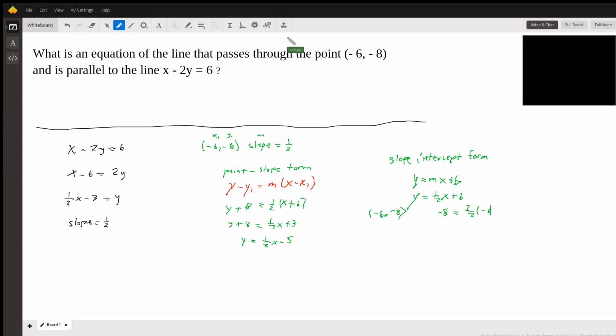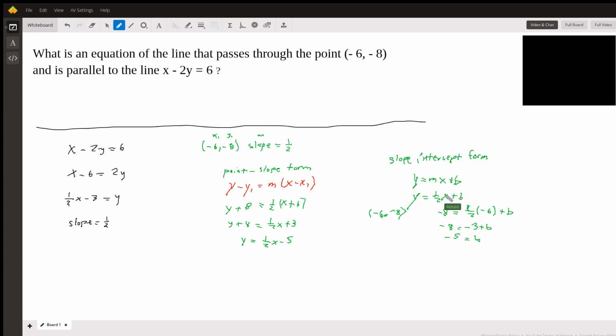That's 1/2 times -6 plus b. We have to solve this for b. So it's -8 is equal to -3 plus b. So b is going to be equal to -5.